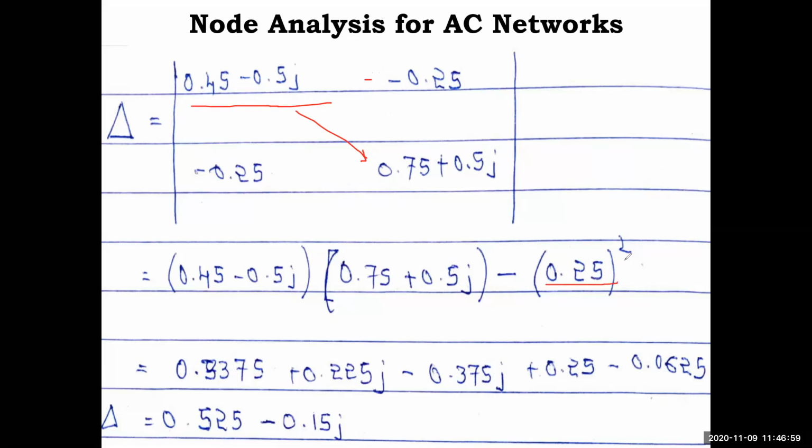Okay, 2 times it is there, no, square. So now just use the calculator and simplify. So multiply 0.45 into 0.75, you'll get 0.3375. Then 0.45 into 0.5j, you'll get 0.225j. Then you take minus 0.5j, multiply with 0.75, you will get minus 0.375j.